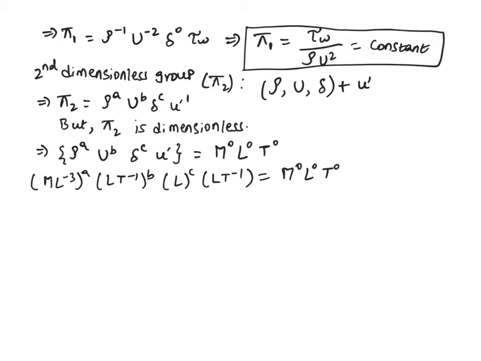So this implies M to the power of a, L to the power of minus 3a plus b plus c plus 1, and T raised to minus b plus c minus 1, is equal to M power 0, L power 0, T power 0.